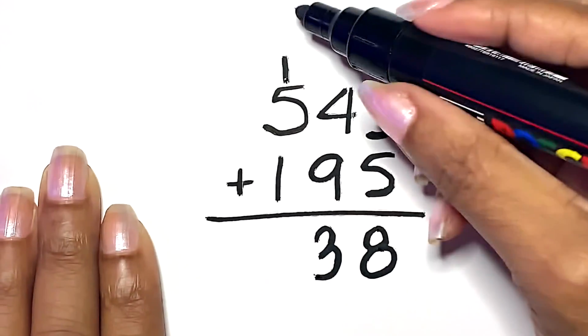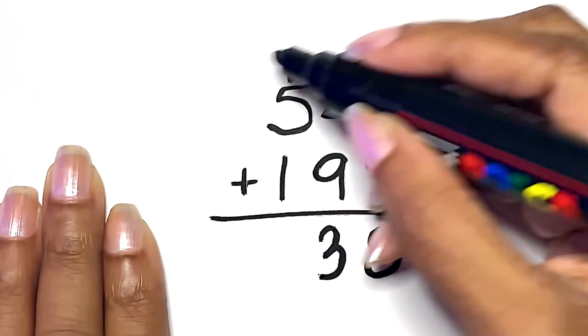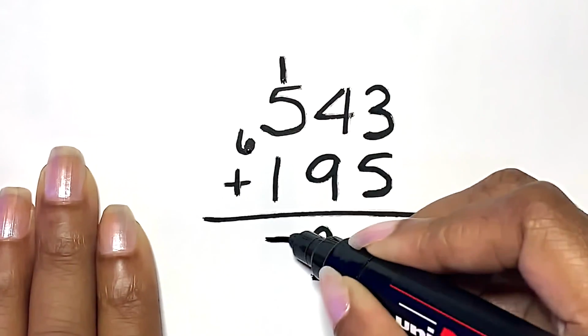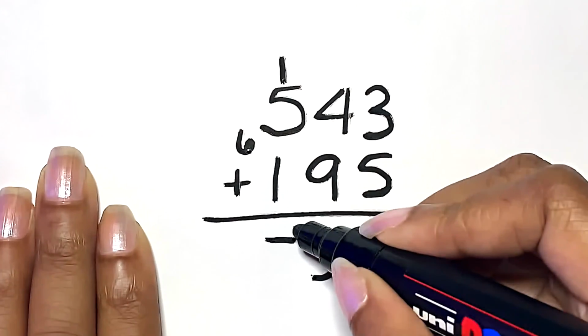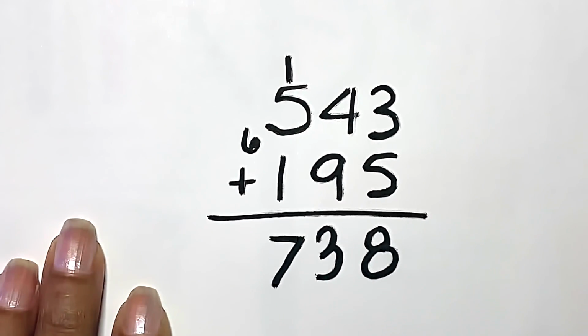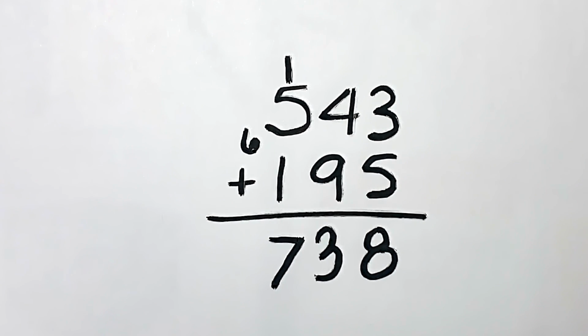Then we add the left side. 1 plus 5 is 6. 6 plus 1 is 7. Sorry about that. So 543 plus 195 is 738. And 738 is an even number.